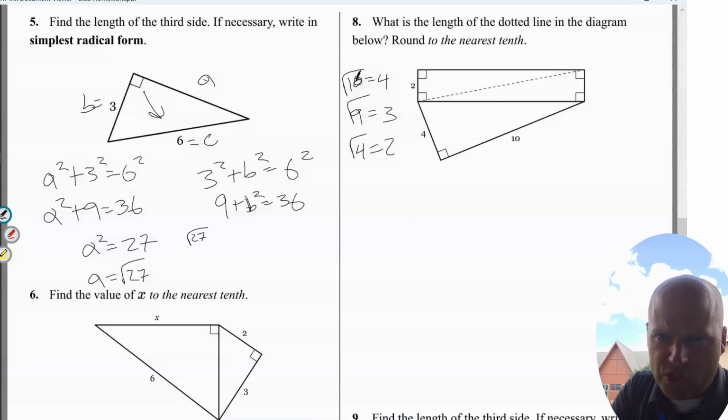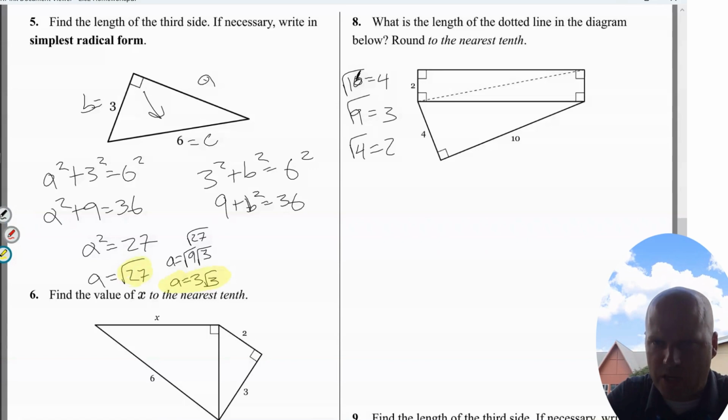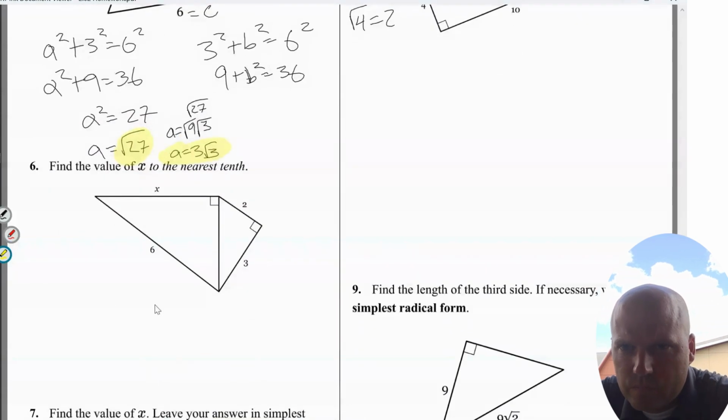I will write 27 as 9 times 3. That means root 27 is root 9 times root 3. I do this because the square root of 9 is 3. I get 3 root 3. This is what I'm looking for. That's simplest radical form. It's the same as our answer here. 9 plus 27 equals 36.